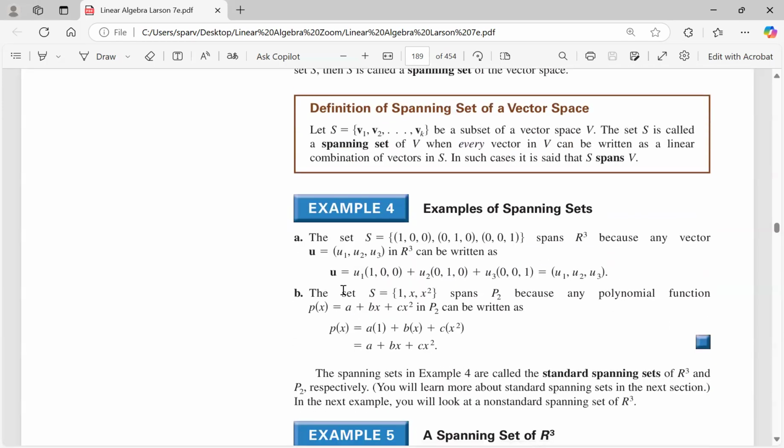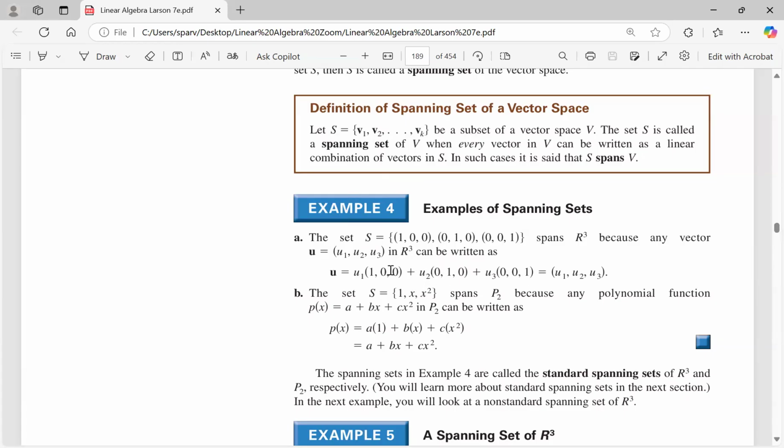For instance, here we have a good example. Let's say you have this set made up of the vectors (1, 0, 0), (0, 1, 0), (0, 0, 1) in R3. Every vector in 3D, every coordinate you create, will be a linear combination of these vectors, meaning the sum of a scalar multiple of each of them.